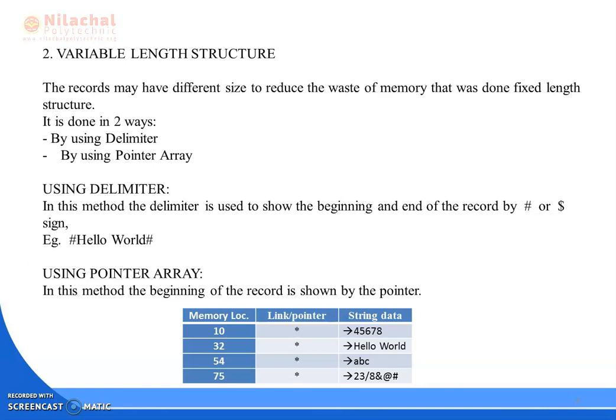In order to overcome the disadvantage of fixed length structure, we will read about the variable length structure, where the records may have different sizes to store. In order to reduce the waste of memory that occurred in the case of fixed length structure, there are two ways we can apply.